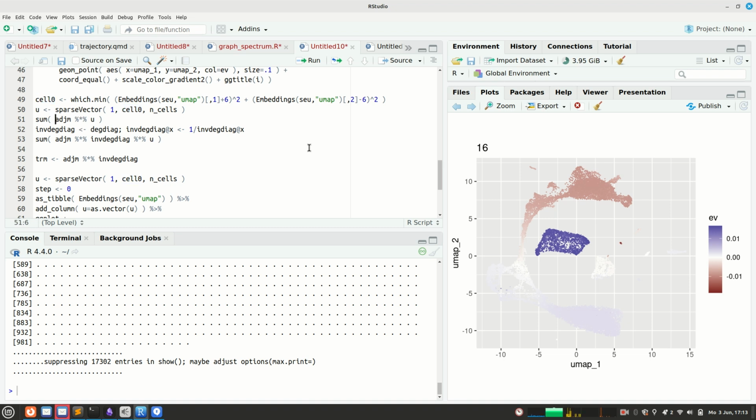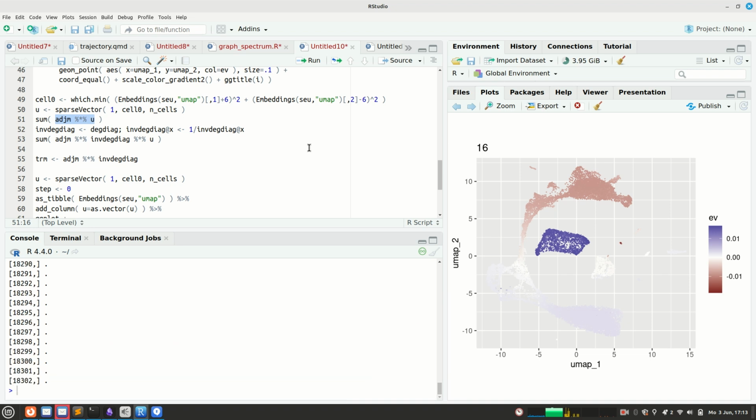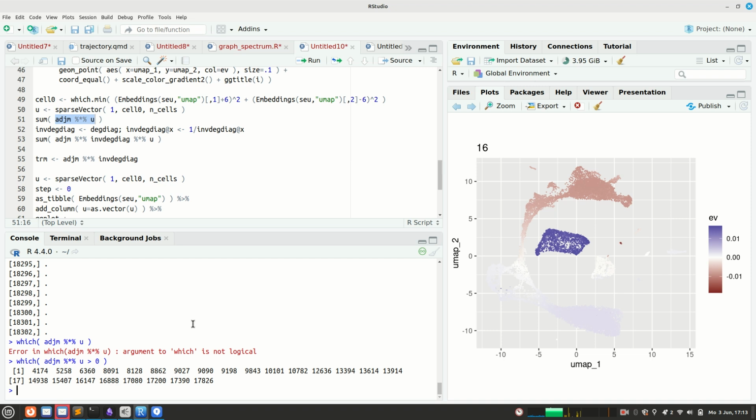And if I now multiply it from the left with the adjacency matrix, then this 1 gets spread out. And if I now look at which entries are greater than 0, it tells me now all the neighbors. And of course, at all these places, it's 1.